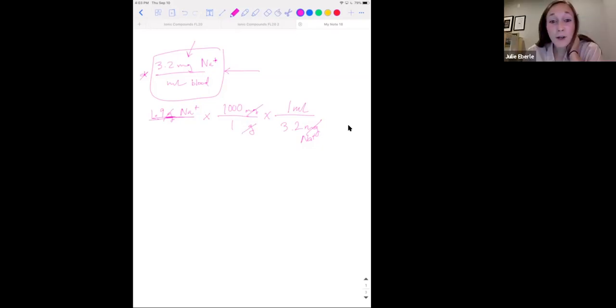Yes. So you're going to approach the second part the same way, but you'll just do it with the relationship for the chloride. The relationship there is 3.5 milligrams of Cl- for every milliliter of blood. Okay, so the second problem tells you again, you want 1.9 grams of Cl-.